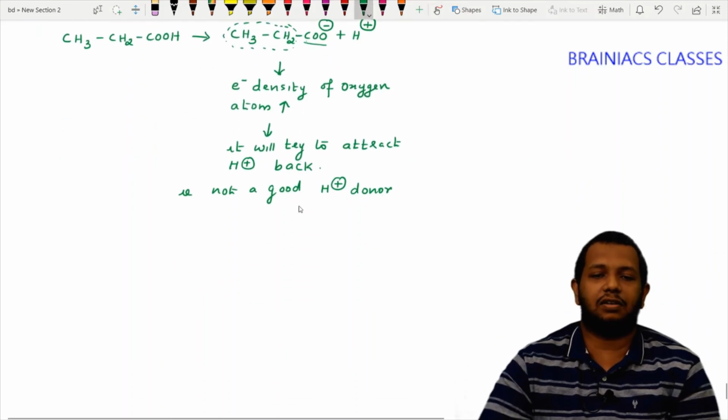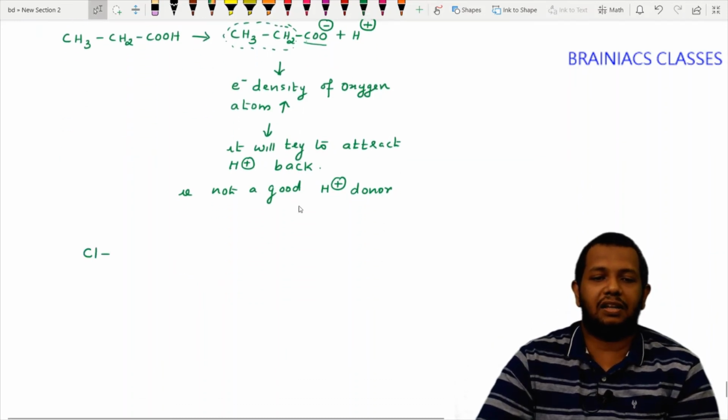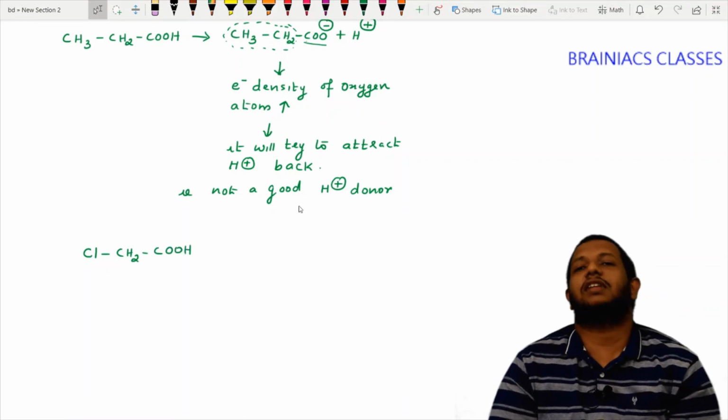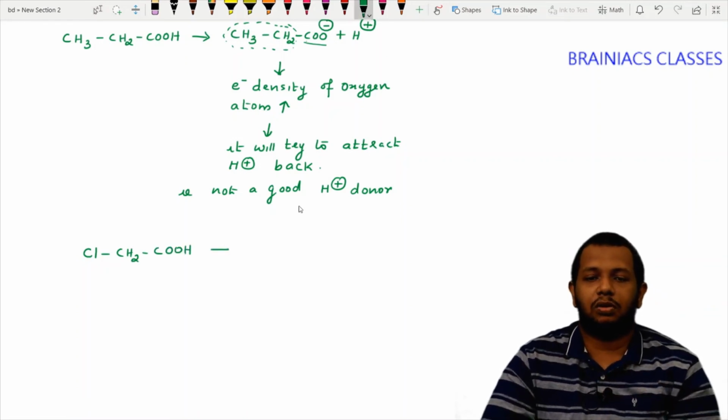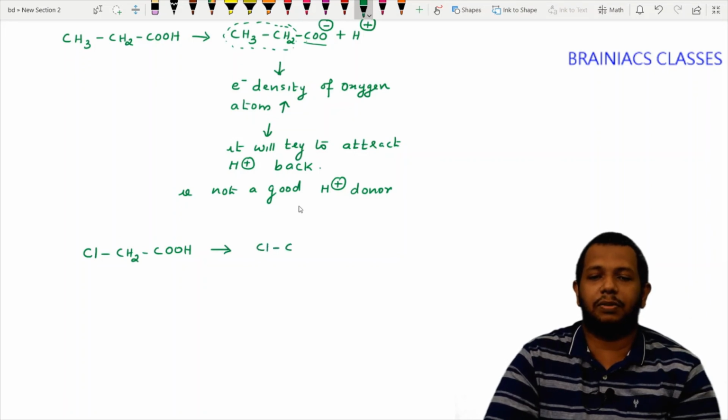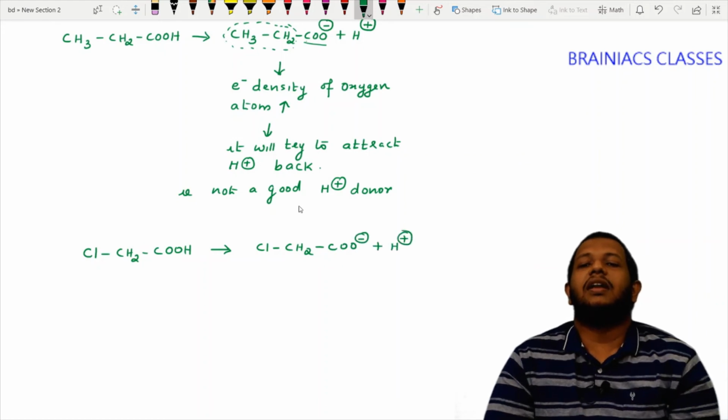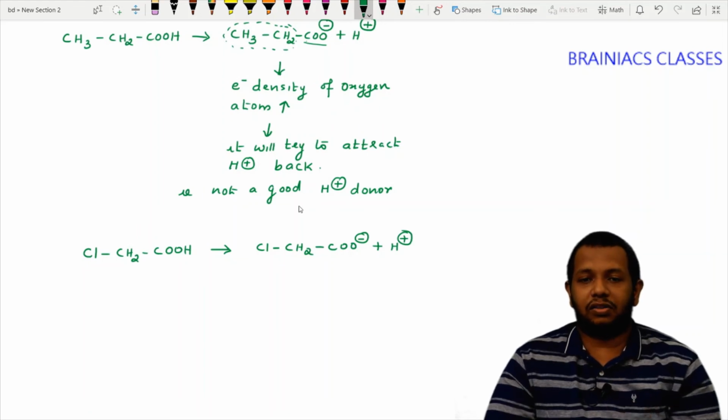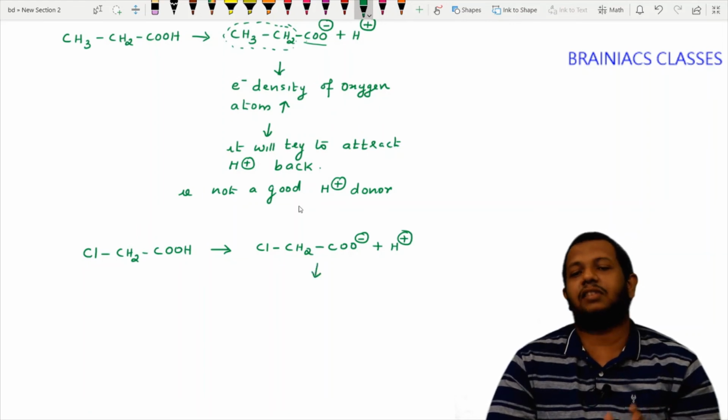So in the second compound you have Cl, CH2, COOH. What is the first step you are expected to do? Release the H plus. So this will become Cl, CH2, COO minus plus H plus. Now you have the structure, and I need to analyze its stability.